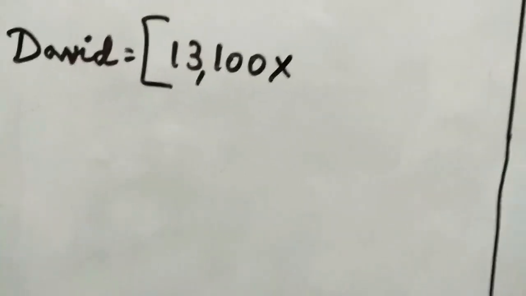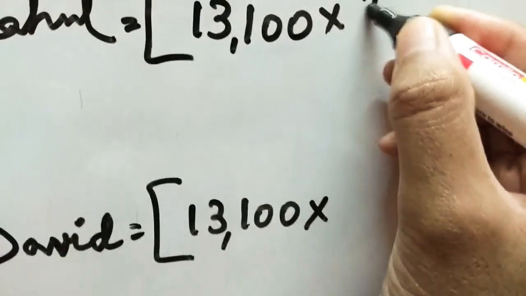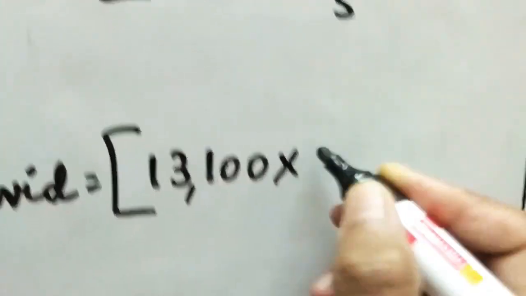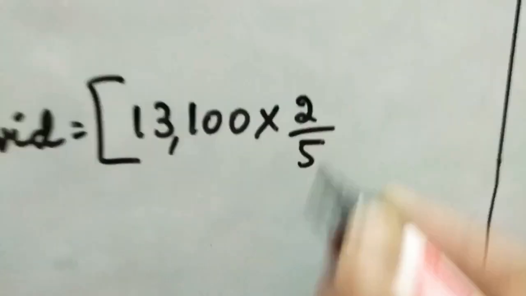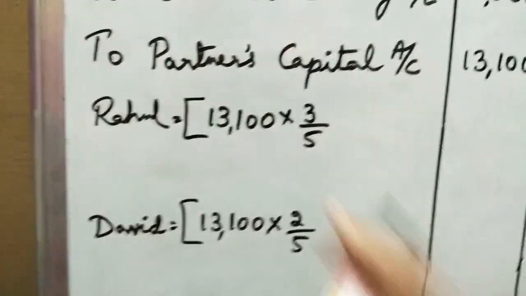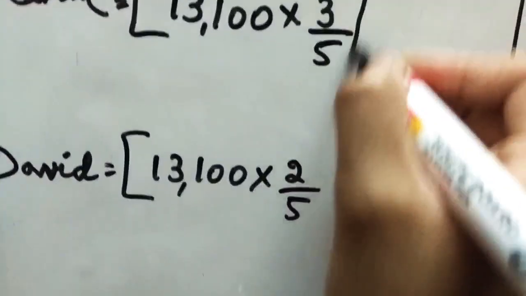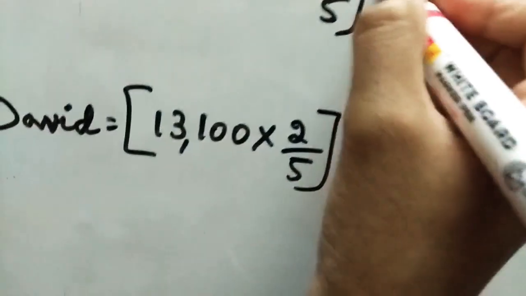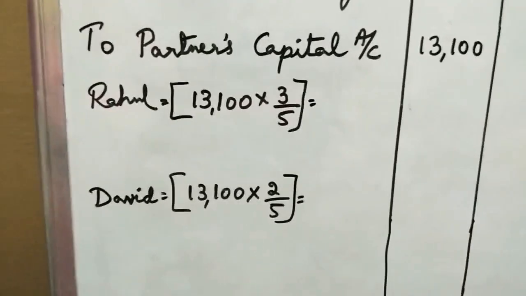The profit sharing ratio given is 3:2. So the total is 3/5 and 2/5. They have given 3:2. When you add 3 plus 2, you get 5, so that will be the denominator. Now just calculate this and you find out the amount of profit to be distributed among these two partners.